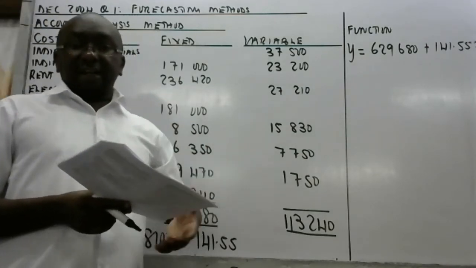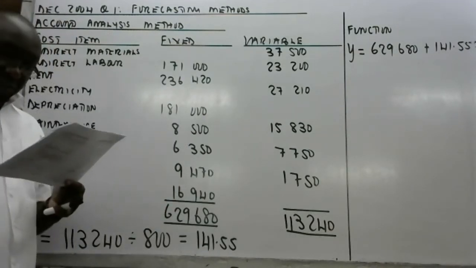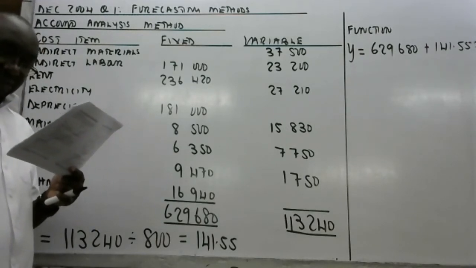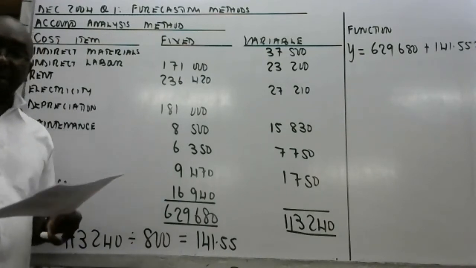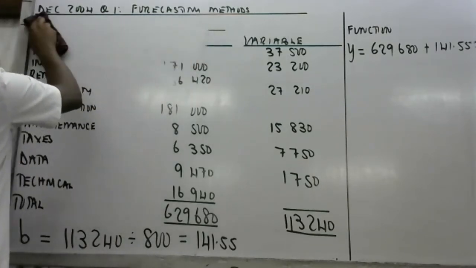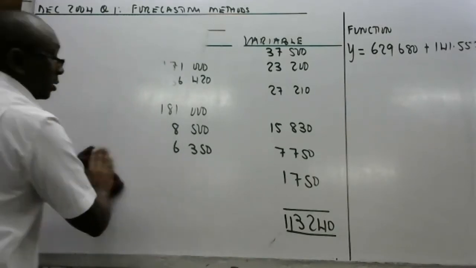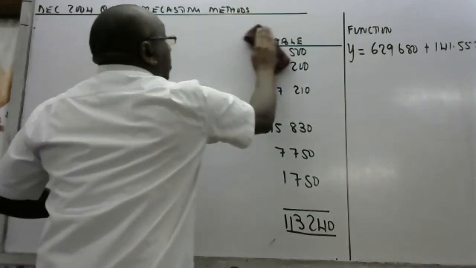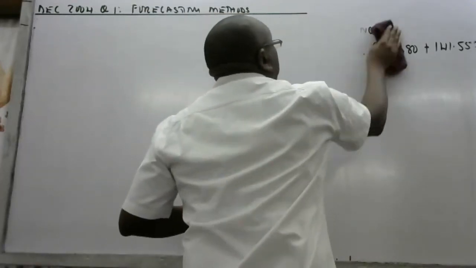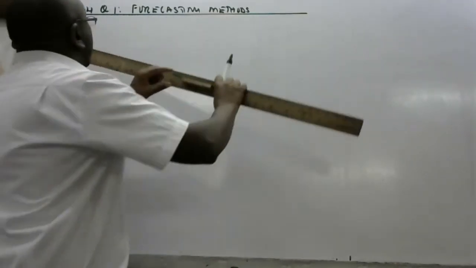Okay, so I think we have done that. We are okay. Let us now proceed to part B of the question. Use the high row method to estimate the cost of 800,000 units of production expected in the coming period. The high row method.